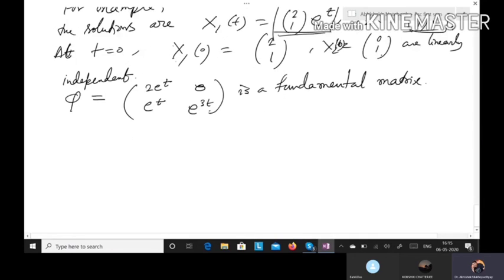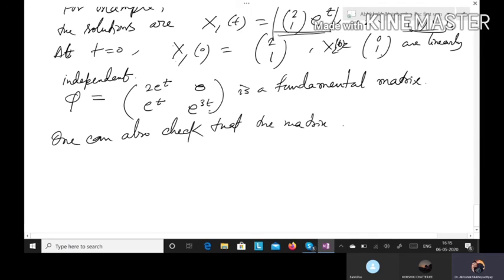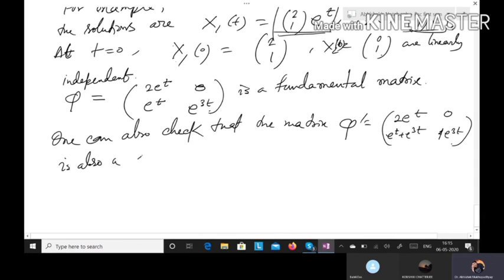One can also check that for this problem, the matrix phi dash equal to 2 e to the power t, e to the power t plus e to the power 3t, 0, 4 e to the power 3t, is also a fundamental matrix.